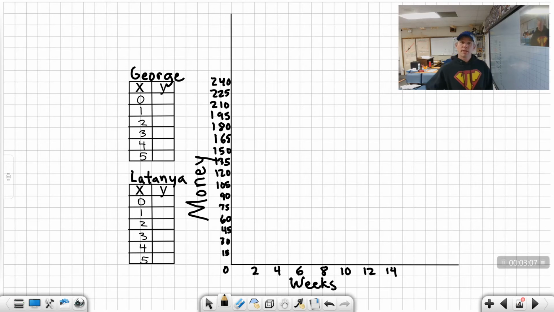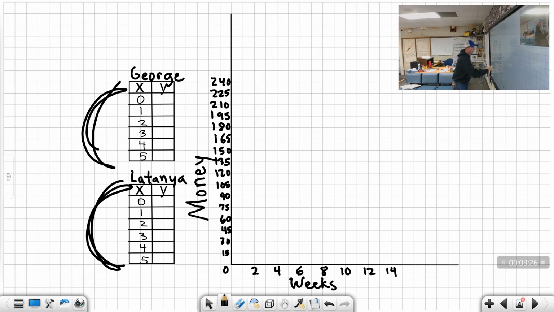Okay, welcome back. Now, I am not going to complete this information because I want you to do it on your own, but I am going to help you finish the problem out. Now, on this graph, you should see where the two lines cross. You should see somewhere in this table, you have a matching coordinate.